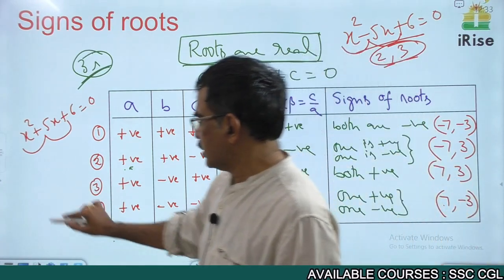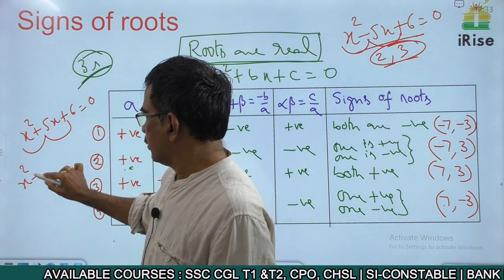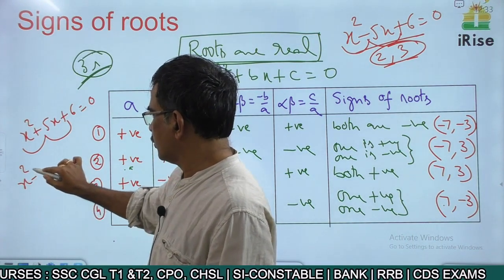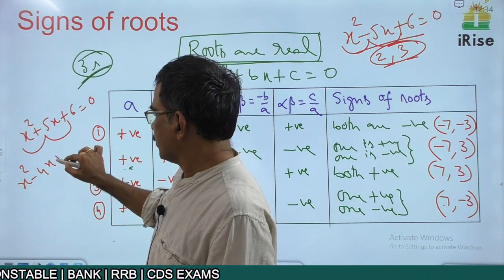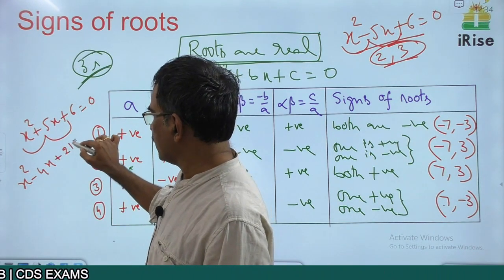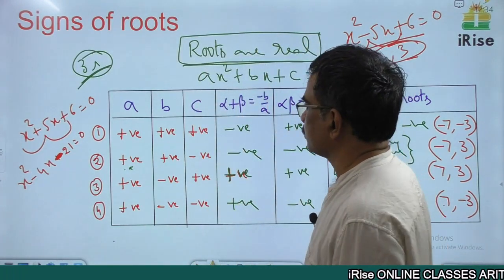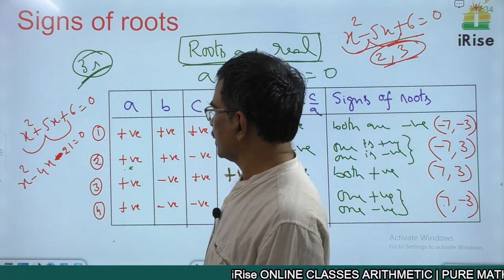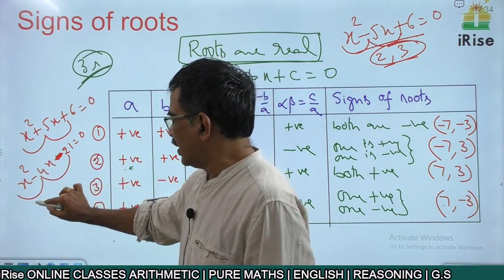For example, a condition is given, x square minus 4x minus 21 is equal to 0. Positive to negative, negative to negative, only one change is there.